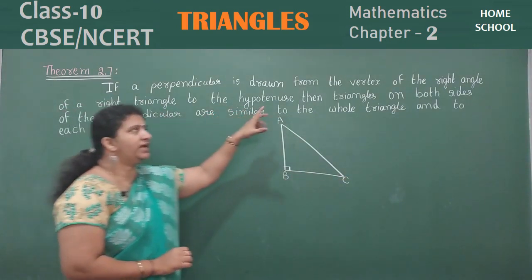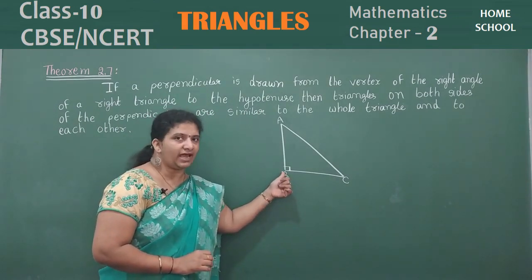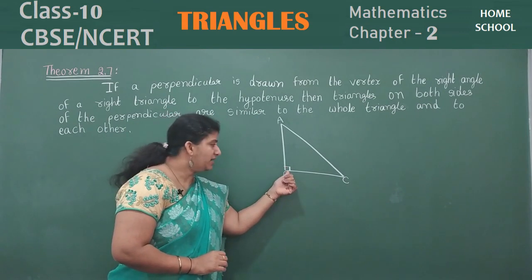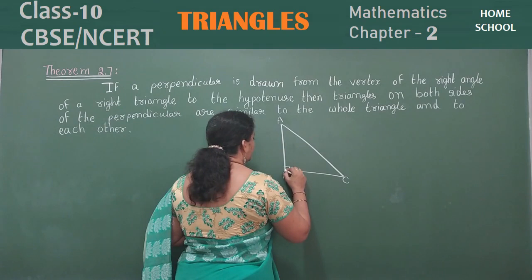If a perpendicular is drawn from the vertex of the right angle, this is the right angle vertex, right? From here, we need to draw a perpendicular. So observe here, what am I doing?